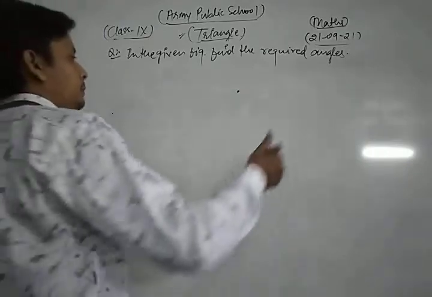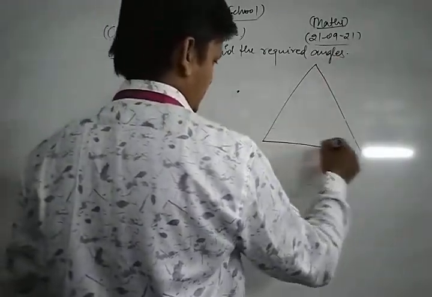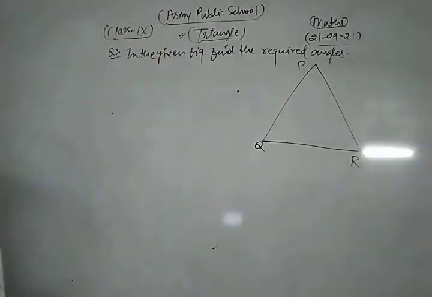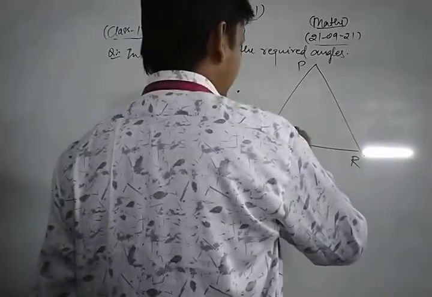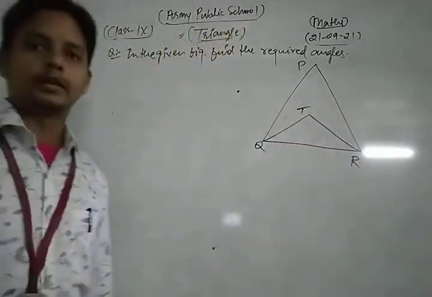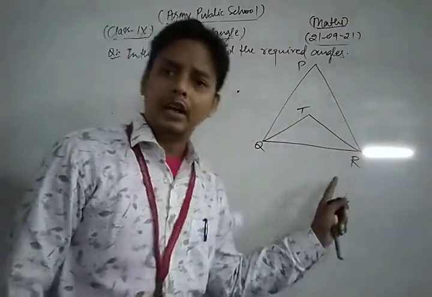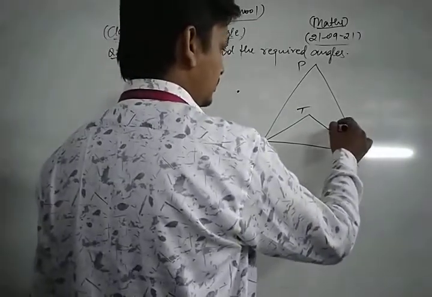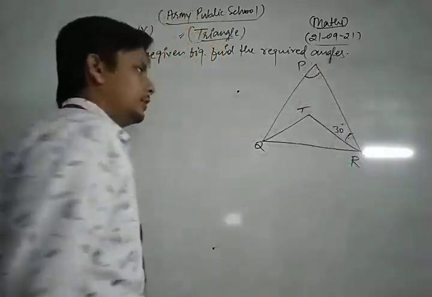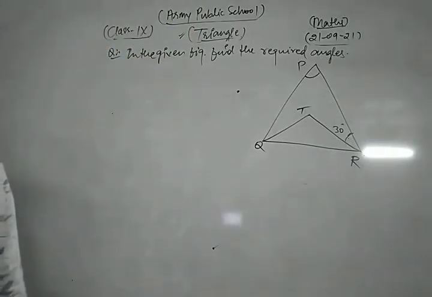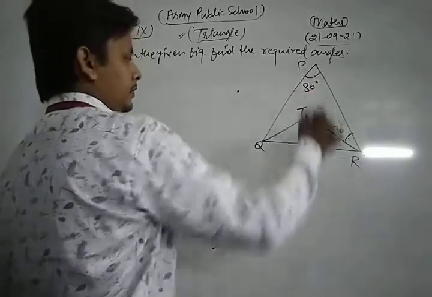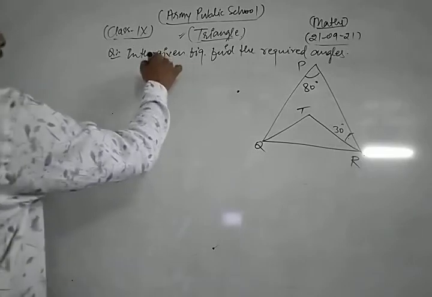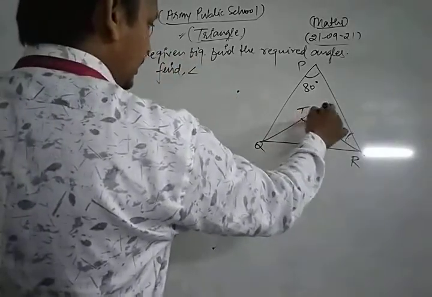Your figure is this triangle PQR, and the bisectors of angles Q and R meet at point T. This angle is 30 degrees, and this is 80 degrees. Find angle QTR.